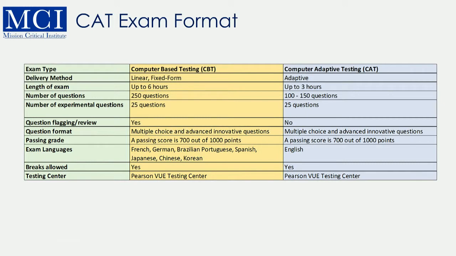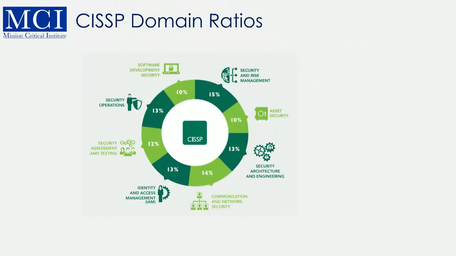Now, in terms of the content of the exam, that doesn't change. This graphic you can get from ISC Square's website, and it breaks down the 8 different domains in the CISSP exam, and it talks about the statistical ratio of questions being asked for each domain.